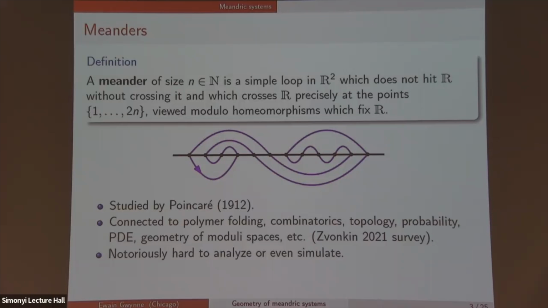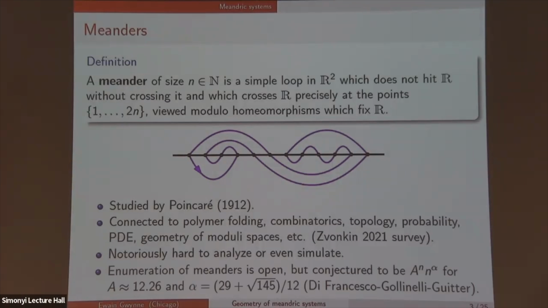Despite their connections to lots of other mathematical objects, meanders are notoriously difficult to study, even to simulate. There are very few rigorous results concerning meanders, and the best known algorithm for exactly sampling a meander takes an exponentially long time in the number of vertices. So it's hard to even do numerical simulations to guess what the answers should be.